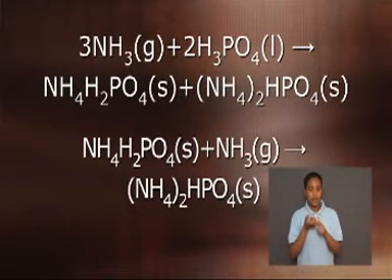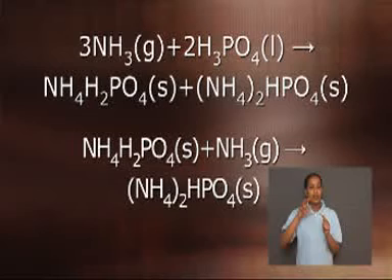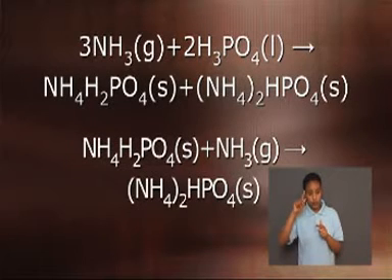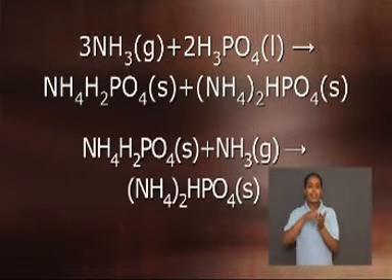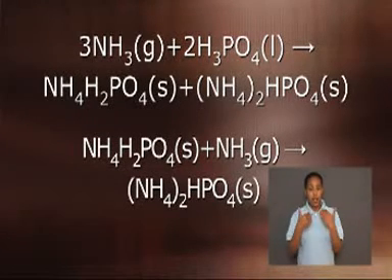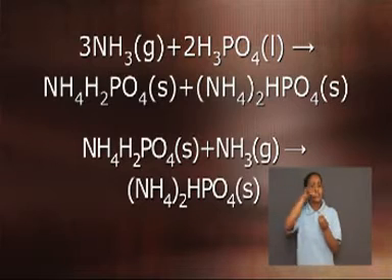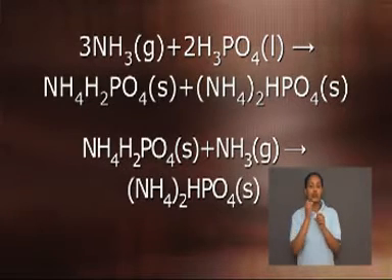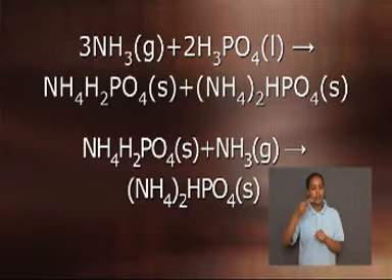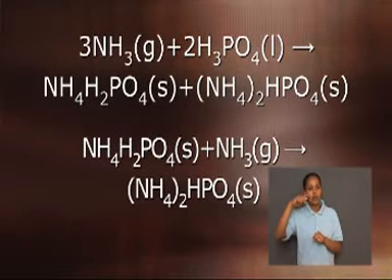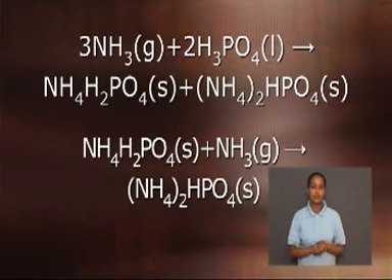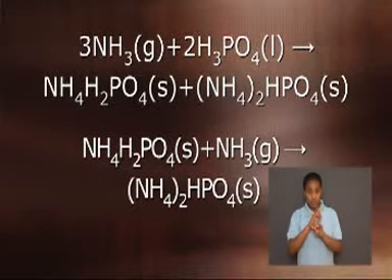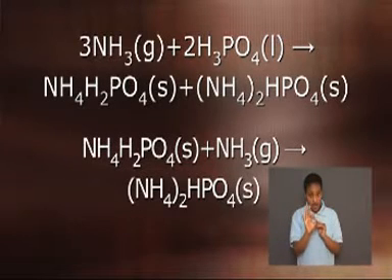Second, the monoammonium dihydrogen phosphate is recycled. This allows it to react further with anhydrous ammonia to produce diammonium monohydrogen phosphate. If those are the answers and the equations you got, great job.